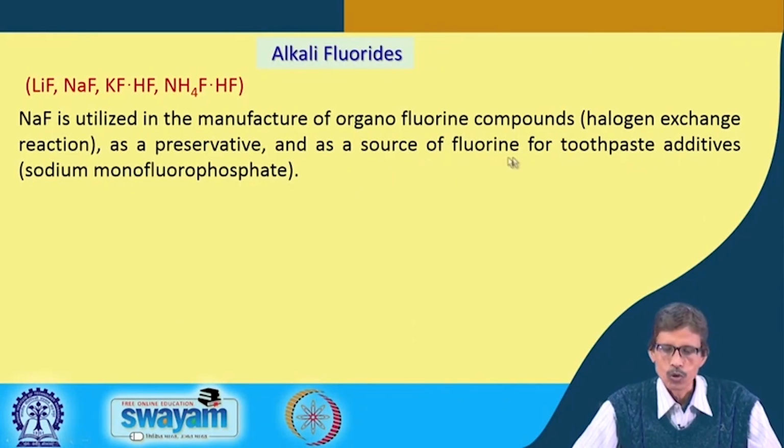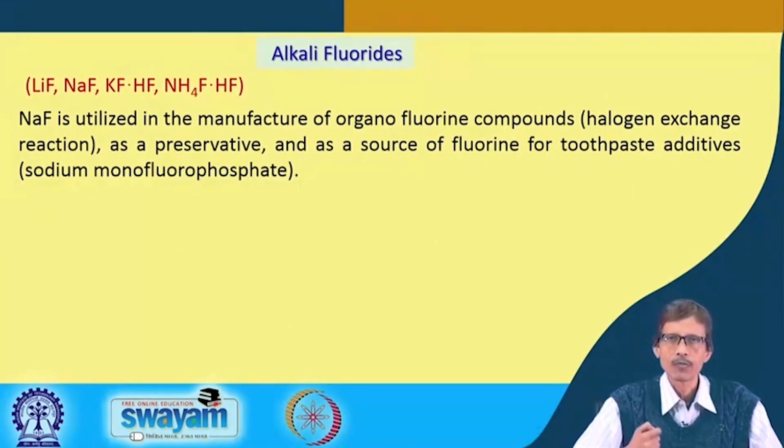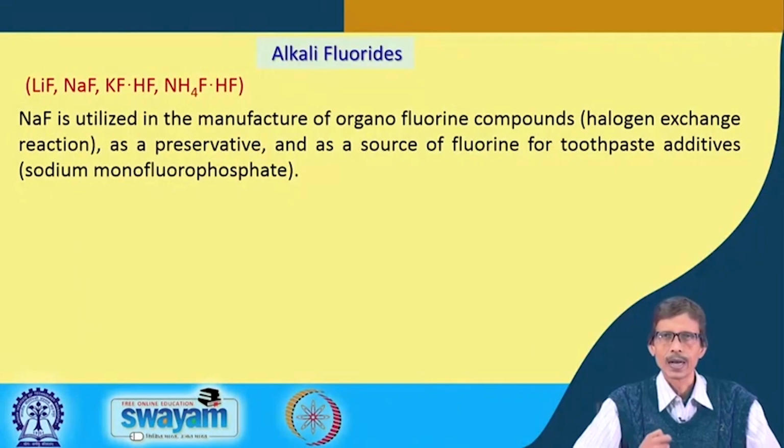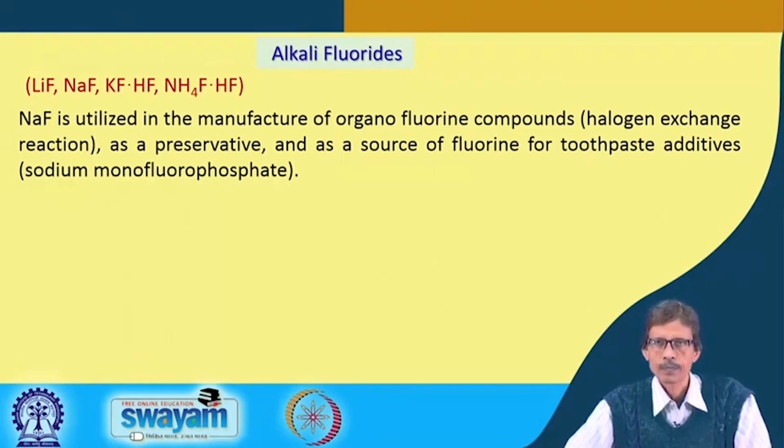And it is a source of fluorine for toothpaste additives, because as we have seen, apatite is the building material for your teeth, your bone, and your tooth enamel. If you go for the corresponding fluoride derivative, instead of hydroxyapatite you can have the corresponding fluoroapatite, which is much stronger than hydroxyapatite.